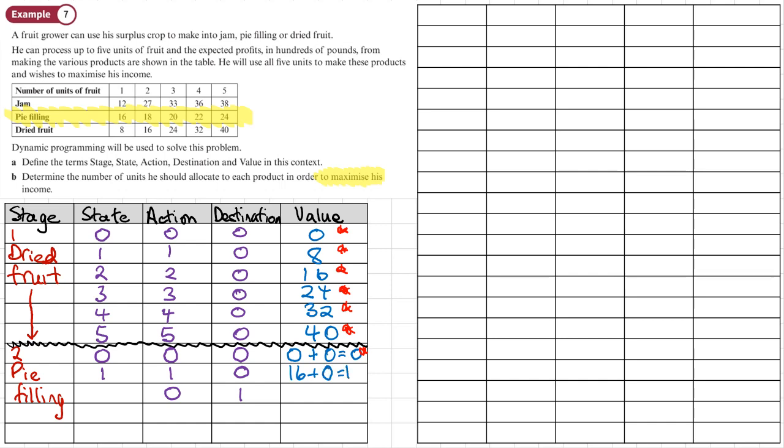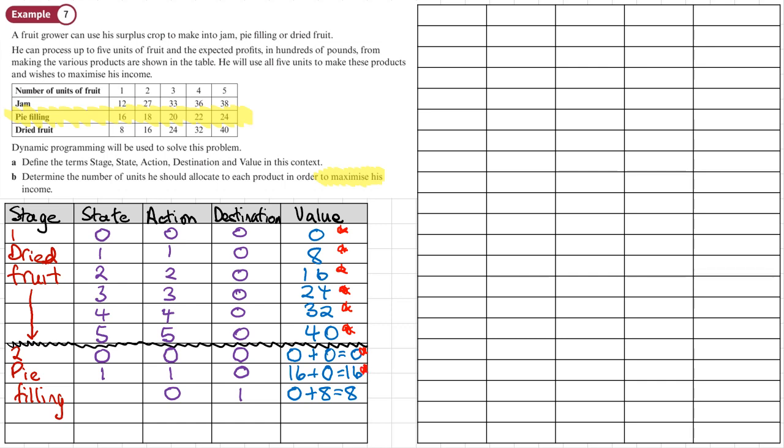So that's 16. Now I don't star this yet because I need to work out what is the value of this. So no units used in this state, that would be 0. 1 passed on to the next stage, okay, and that will be a cost of 8, or value of 8. So that gives me overall 8. So the maximum from those 2 is going to be the 16.